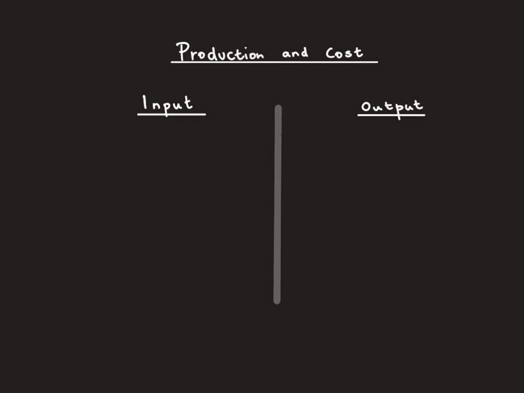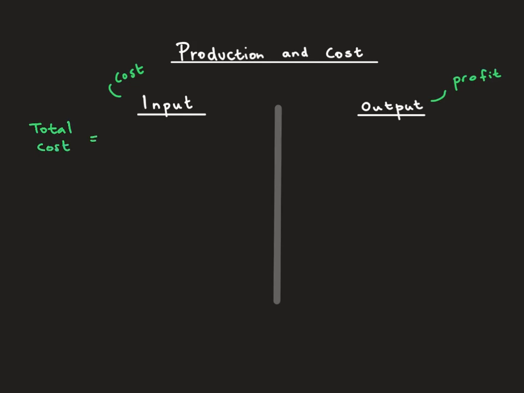Okay, so how do we mathematically represent or calculate these types of inputs and outputs? We know that inputs represent everything that is referred to as costs, and output refers to everything that we try to calculate our profit by. Okay, so a business always has costs. The first cost that we can try and calculate is a total cost.